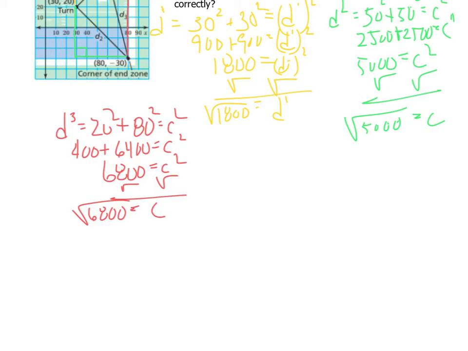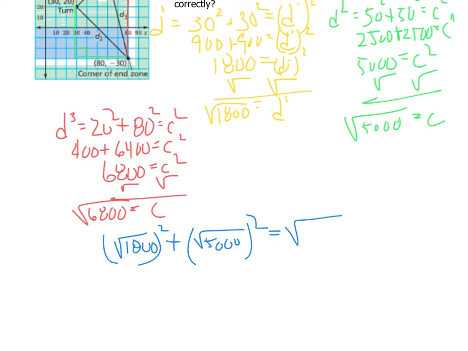So when I go to plug this formula in, I need to remember that. So the 1,800 would be either the A or the B. The 5,000 is the other A or B. I square both of those. And then they would have to equal this 6,800 squared.